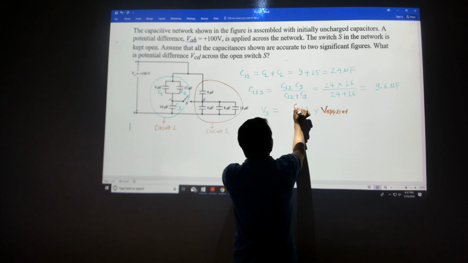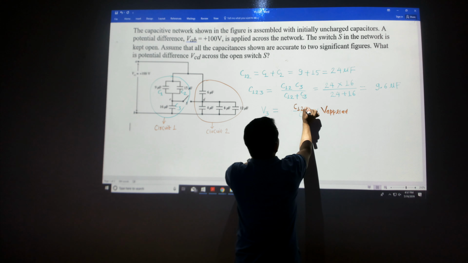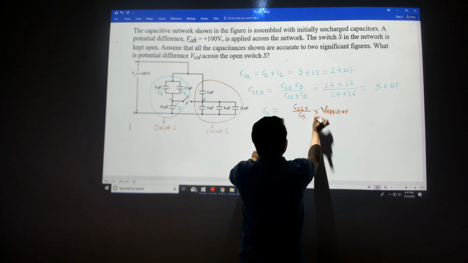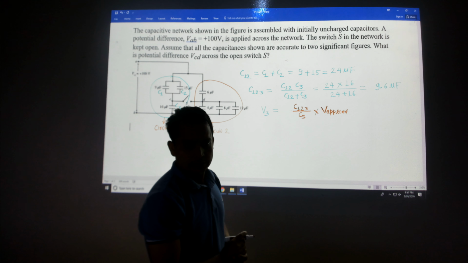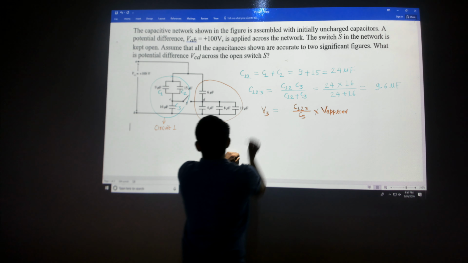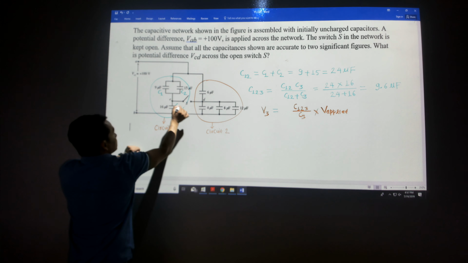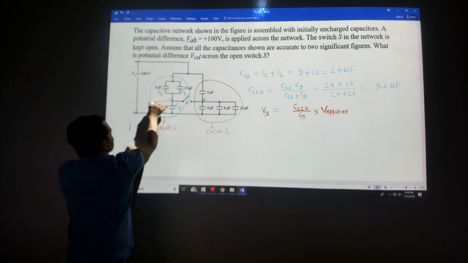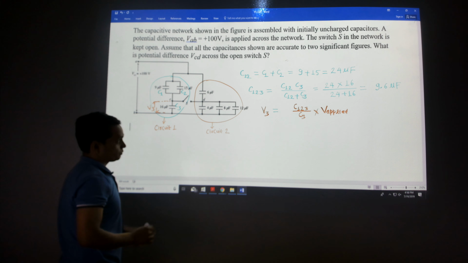So V3 is the potential across this capacitor, between these two points.